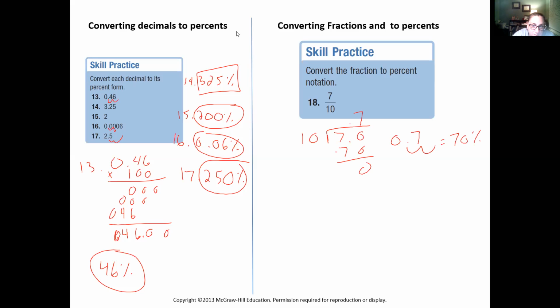Or the other way to do it, I guess that's probably the easiest way, you could always do what you just learned: 7/10 times 100 over 1. 10 divided by 10 is 1. 100 divided by 10 is 10. Then this would give you 70% as well. So those are both ways.